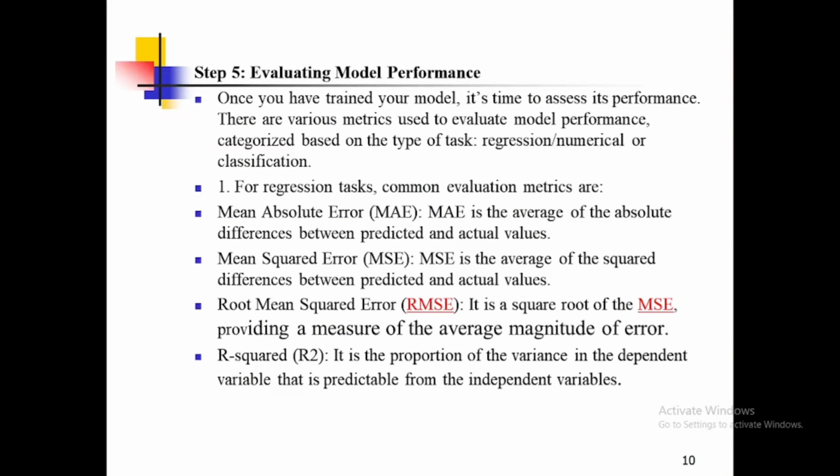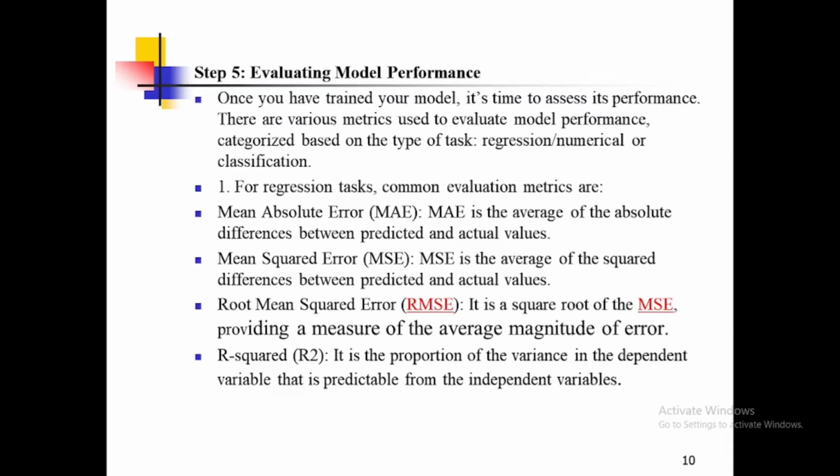So once you have trained the model, it's time to assess its performance. There are various metrics used to evaluate the model performance, categorized based on the type of task, regression (numerical) or classification. For regression tasks, some common evaluation metrics are mean absolute error. MAE is the average of the absolute difference between the predicted and the actual values. Mean squared error.